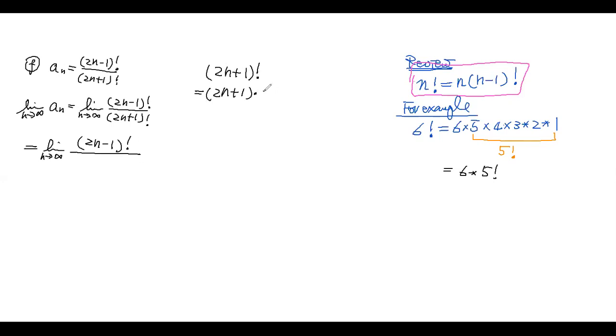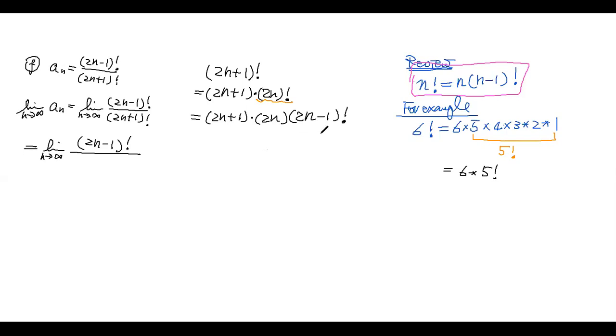This one minus 1, so it will be (2n) factorial, right? Then I can break it down again. I can use the property on the 2n again, right? So I will have (2n plus 1) times (2n) factorial. I can use the formula here, so this will give you 2n, and the next one will be the minus 1, right? So it's (2n minus 1) factorial.